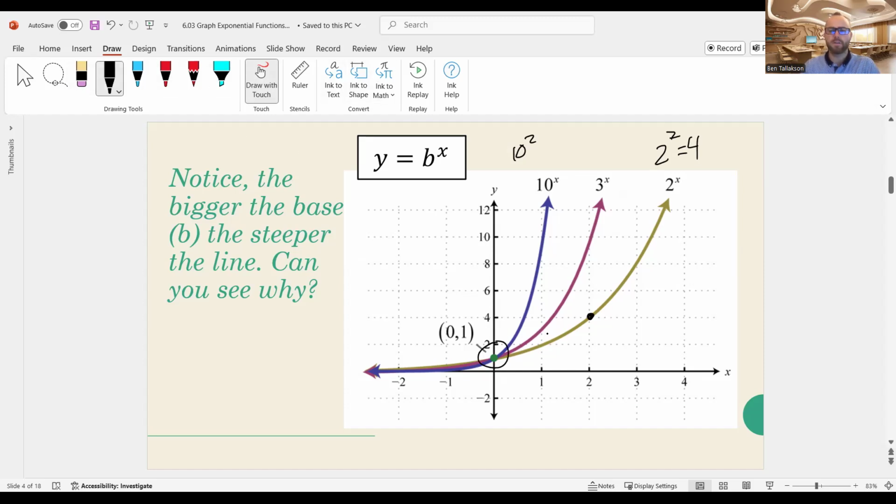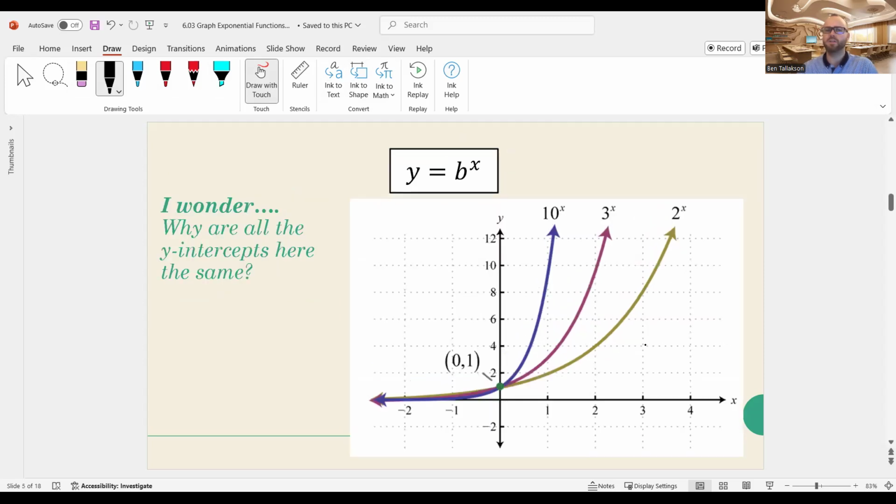Also notice this point, the y-intercept. Did it change? No, all three lines share the same y-intercept. But why are they all the same? Think about it. It's because anything to the power of 0 is 1, right?